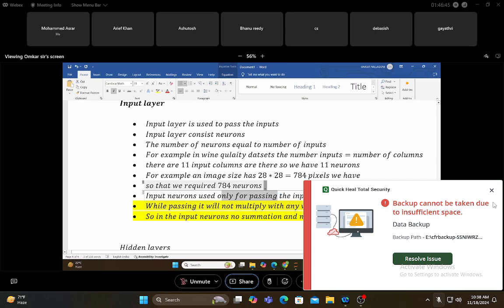This is very, very important. No weights, no bias. Never ever write them, it will go wrong if you write them. No weights and no bias.